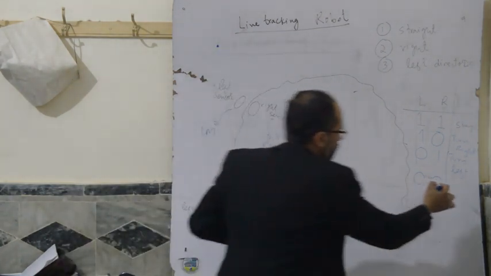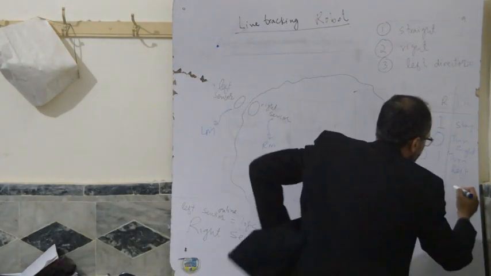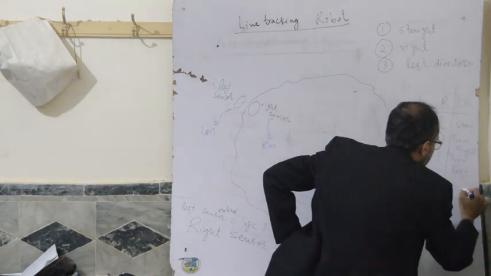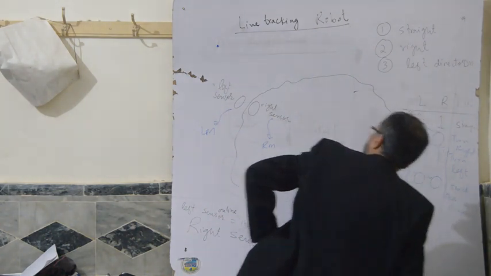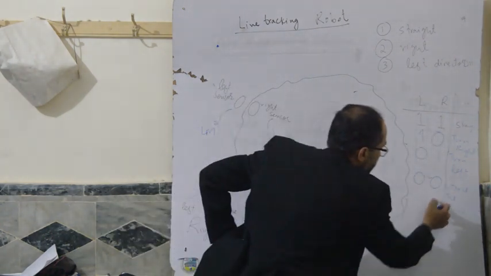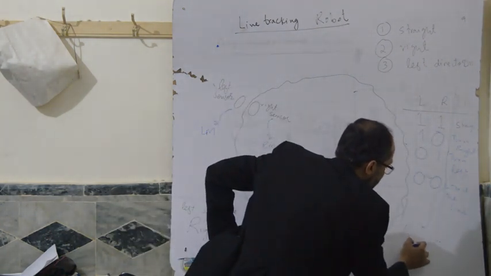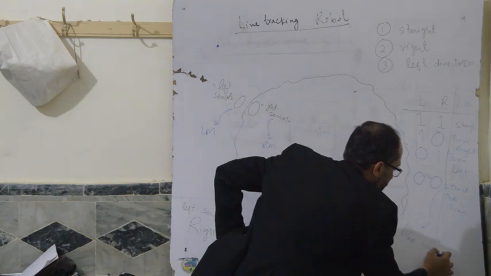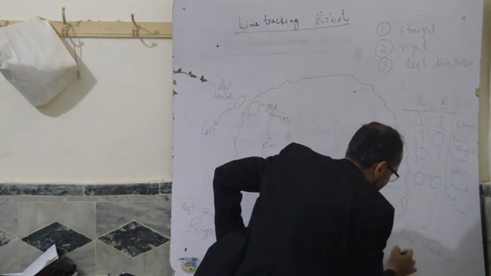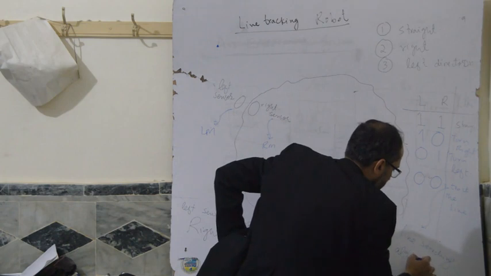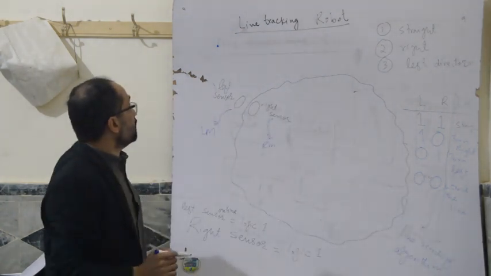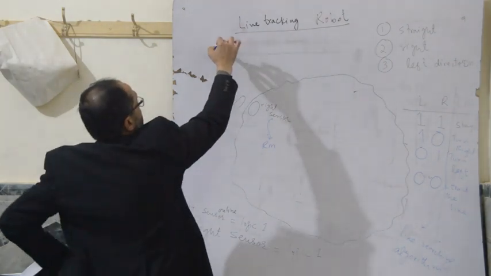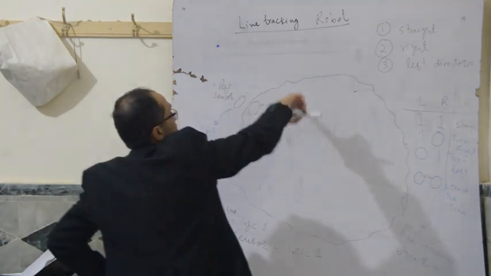So in this particular scenario, we have to track the line. So there should be some line searching algorithm. Let's assume that the robot is here; how does it search for a line?